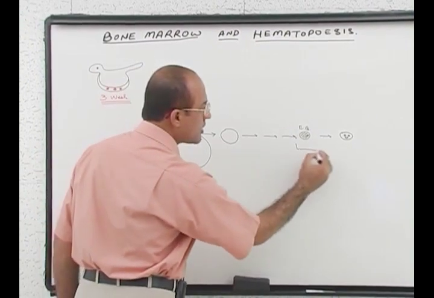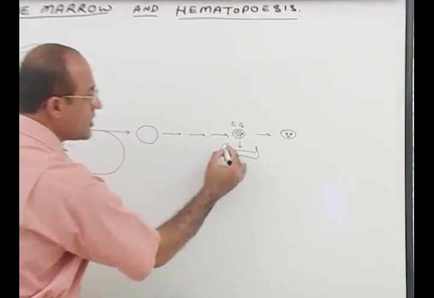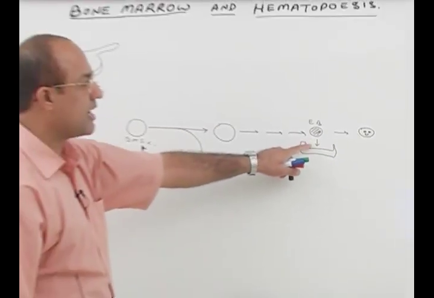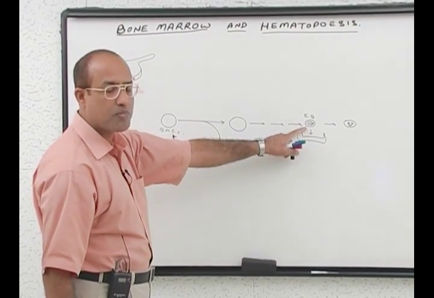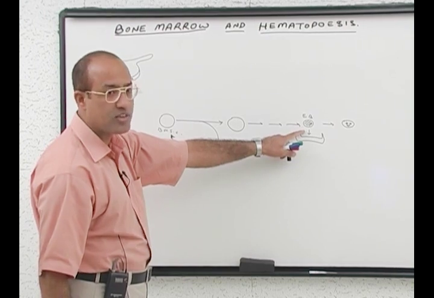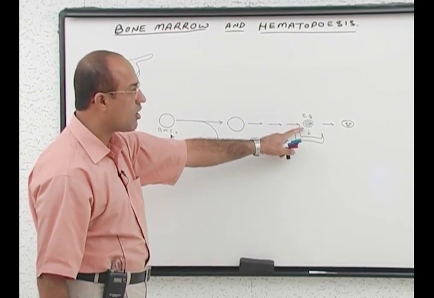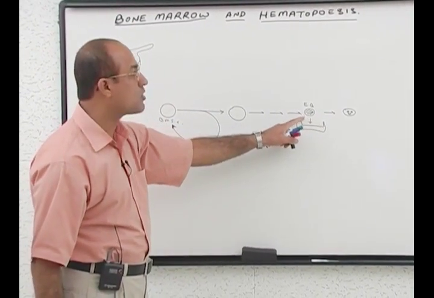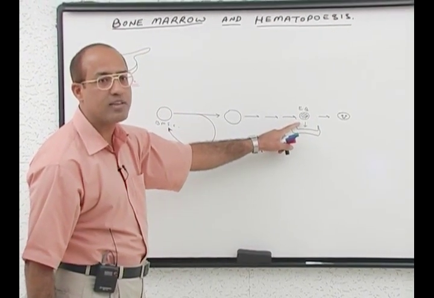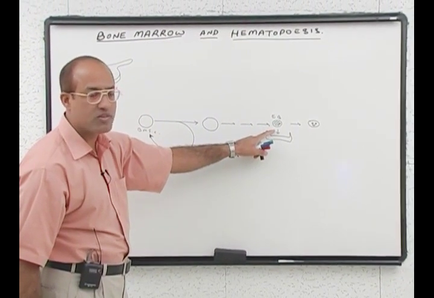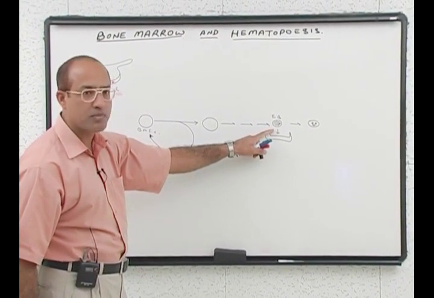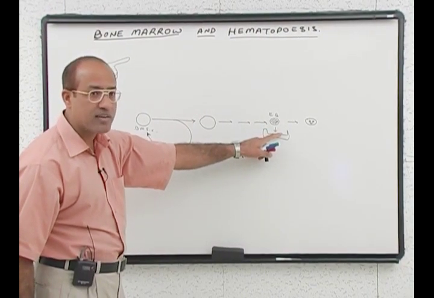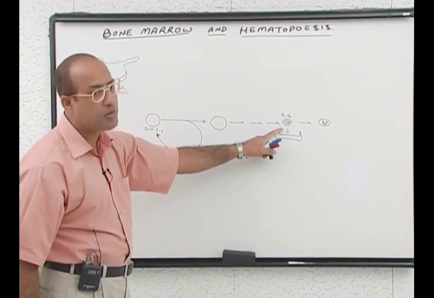Now, if you put erythroblasts into a petri dish, into cell culture material, properly stimulated and provided with proper nutrients, then all erythroblasts will eventually convert into RBCs and no erythroblast will be left in the petri dish at the end. So erythroblasts can multiply and eventually convert into mature RBCs, but they cannot maintain their own population.